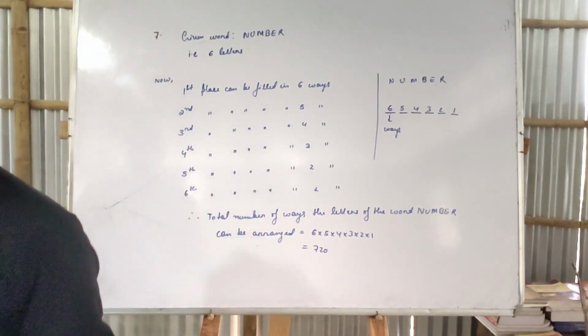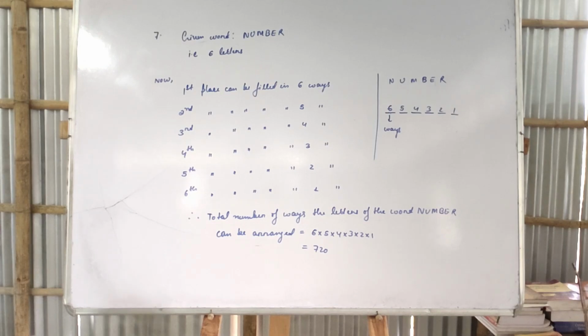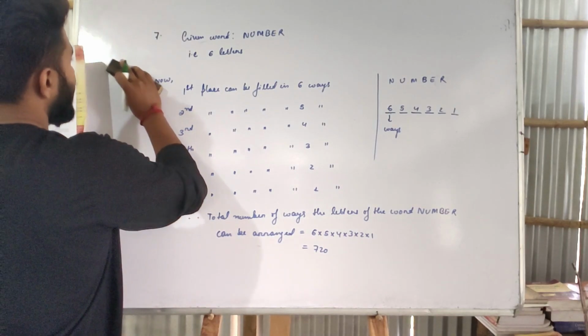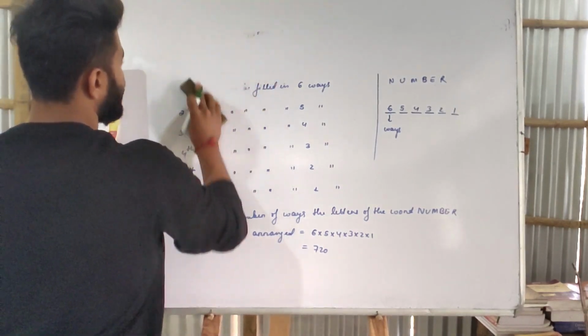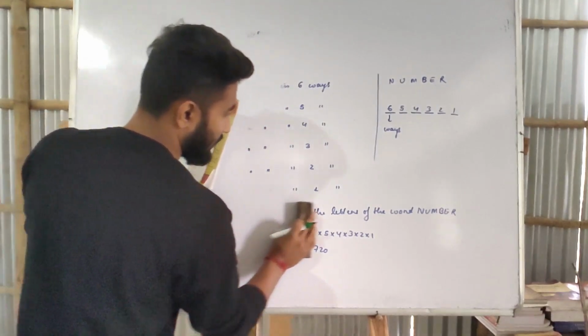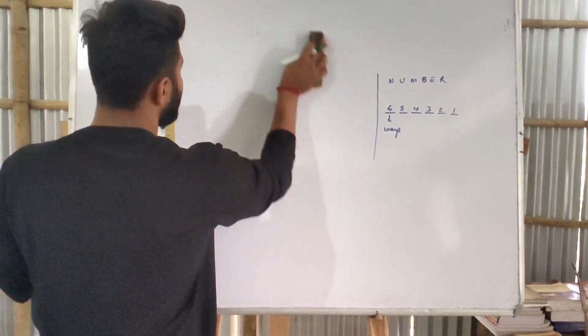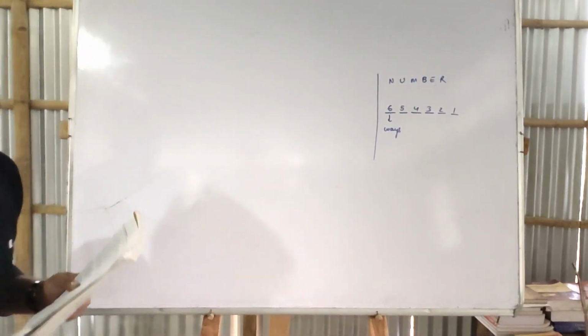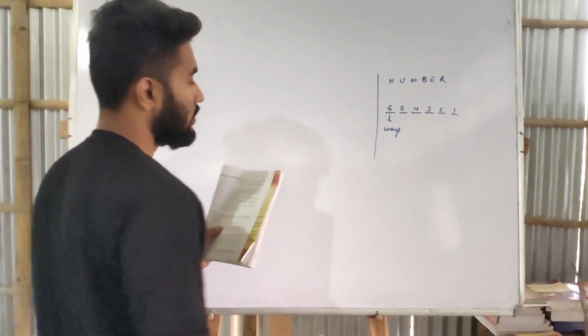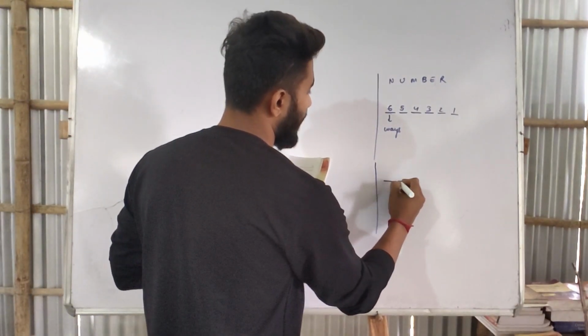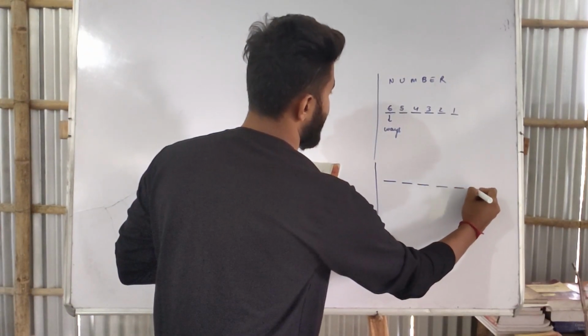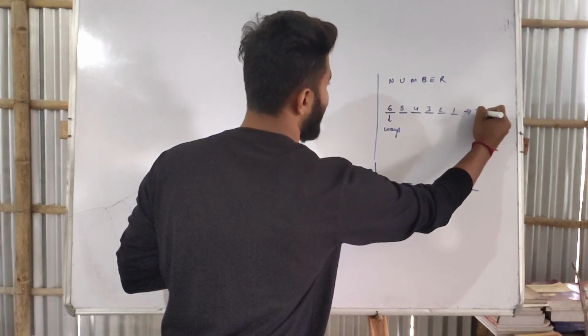How many of these words will start with N? At first, you note this one. Then let us move to the first part of this question. NUMBER. In total we have got how much? 720.